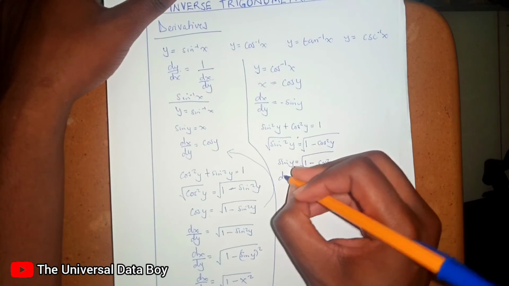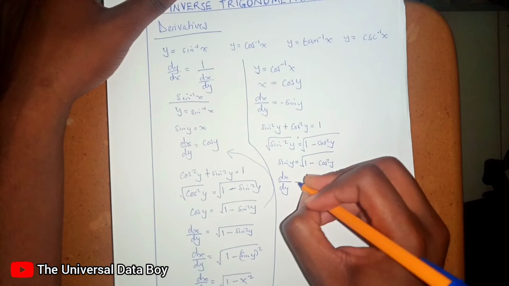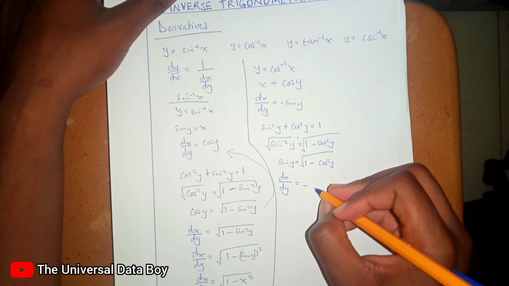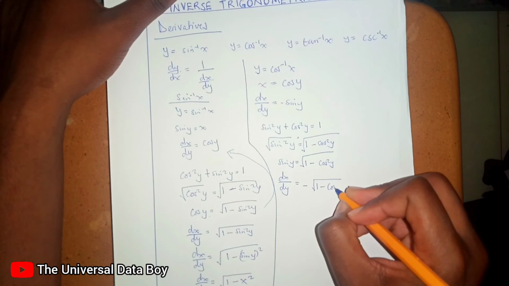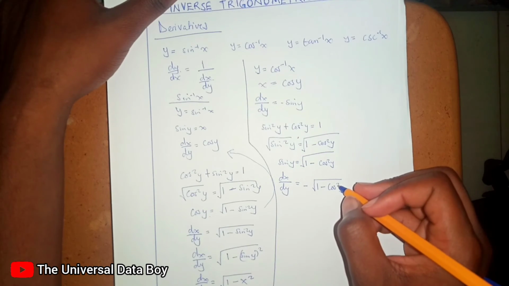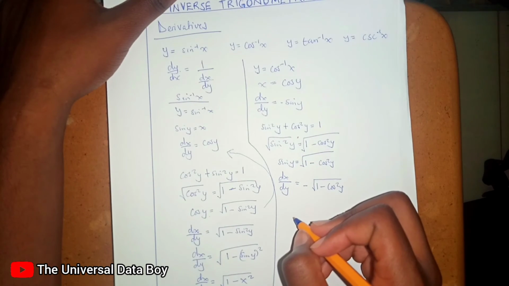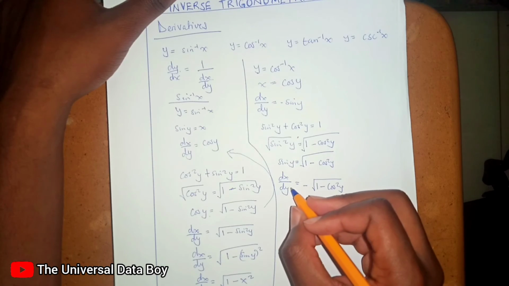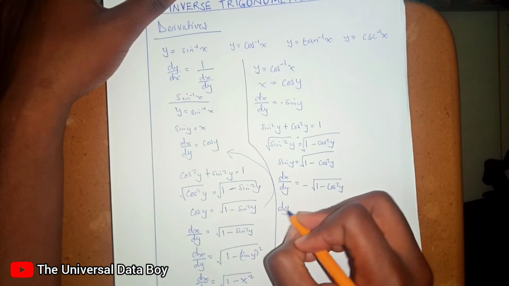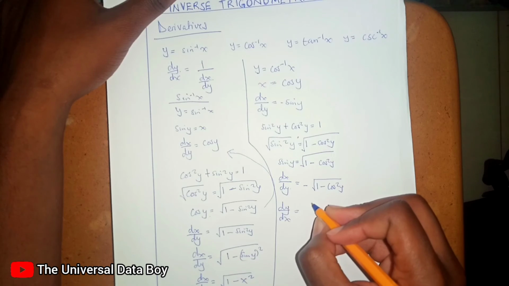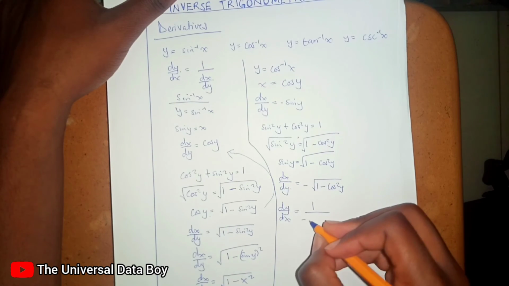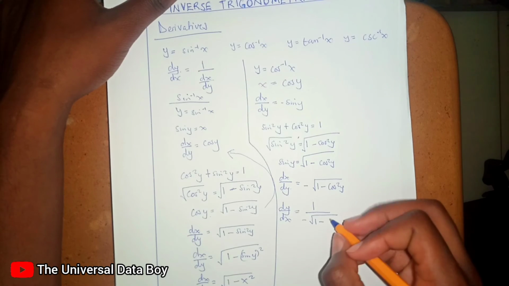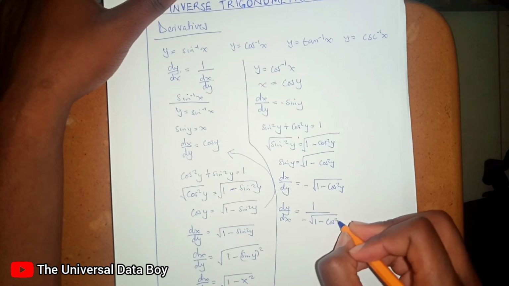So then we're going to have dx by dy being equal to negative the square root of 1 minus cosine squared y. Then we get dy by dx by taking 1 over dx by dy, which is 1 over negative the square root of 1 minus cosine squared y.